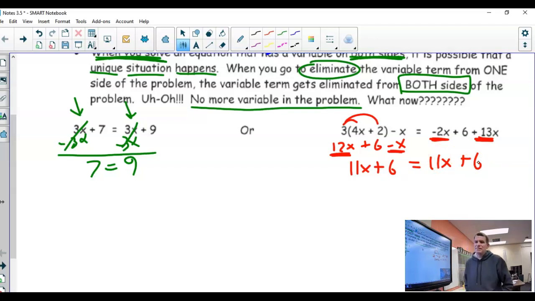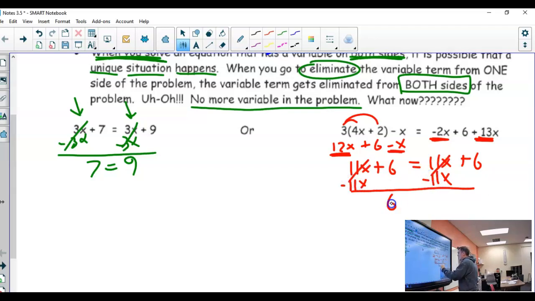So again, I have a variable term on both sides, and it's the same variable term on both sides. So when I go to eliminate the variable on one side, the variable gets eliminated on both sides, and I'm left with 6 equals 6.